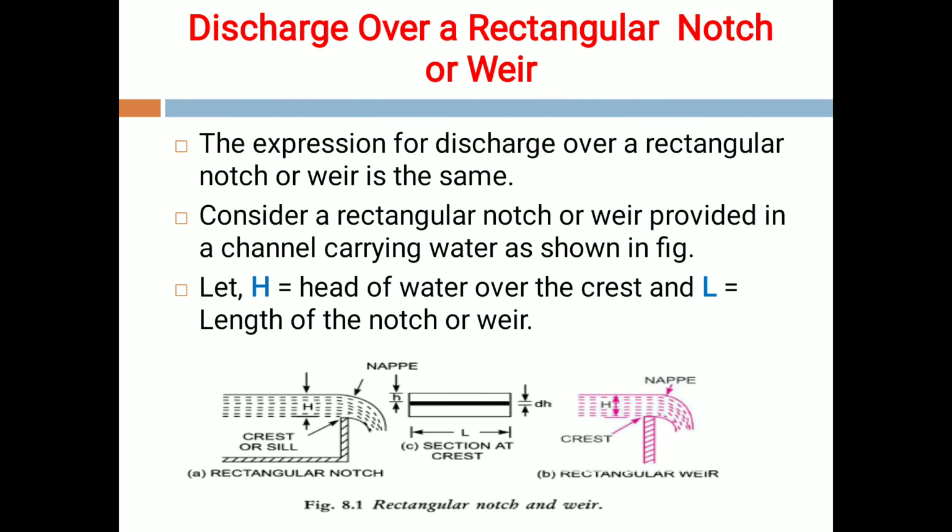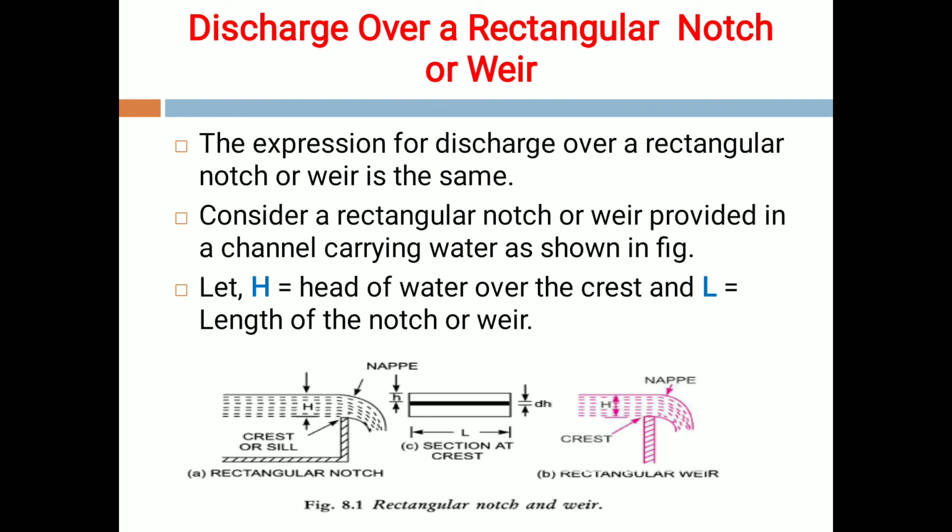So, this is the general introduction to notches and weirs. In this lecture, we have seen notches and weirs, their definitions, then the 2 terms, nappe and crest.